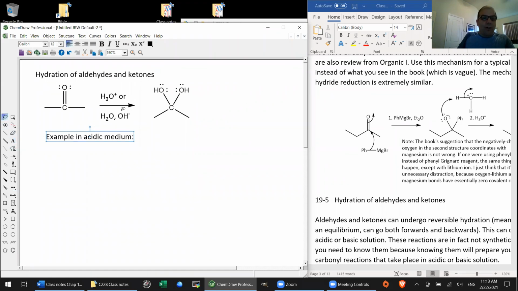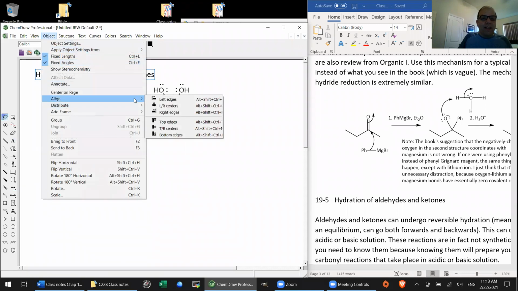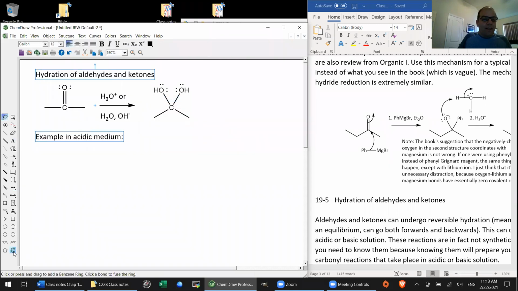And so I'll pick a particular aldehyde or ketone. What about benzaldehyde? That's as good an example as any.